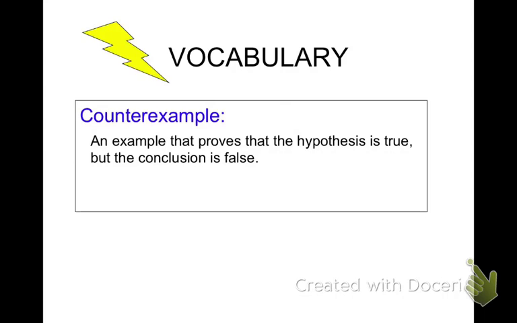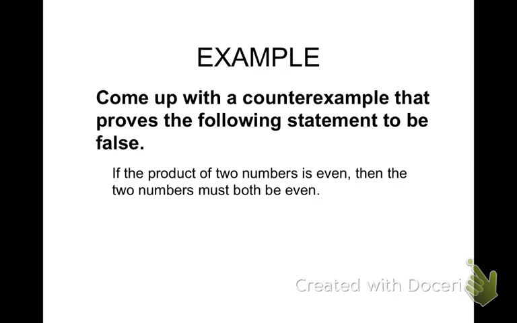Okay, so if you got a little bit stuck on the counterexamples of last night's homework, maybe this will help a little bit. So if I have the statement that says, if the product of two numbers is even, then the two numbers must both be even. So if the product means multiply again. So if I multiply two numbers together and the product is even, so I got a number times a number that makes a product that is even.